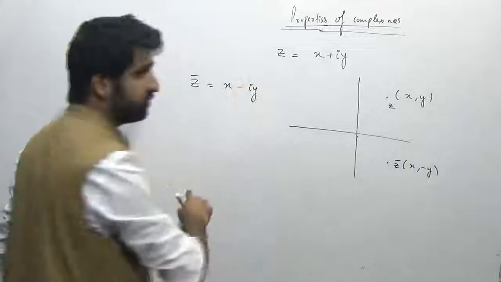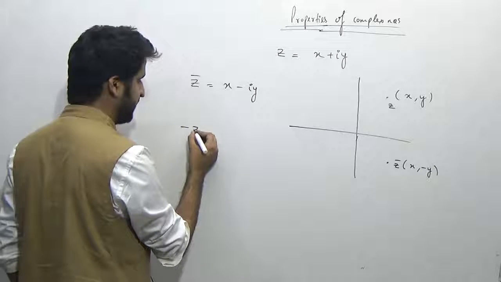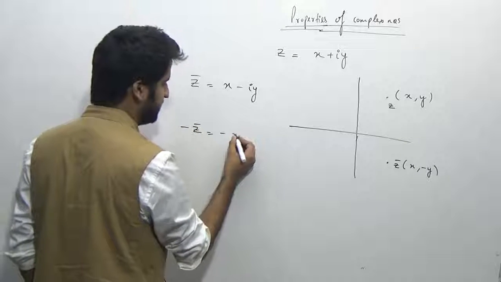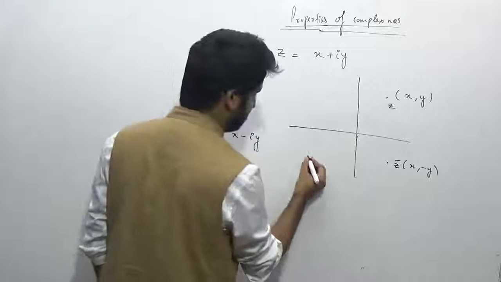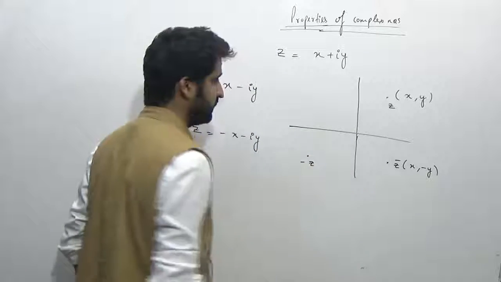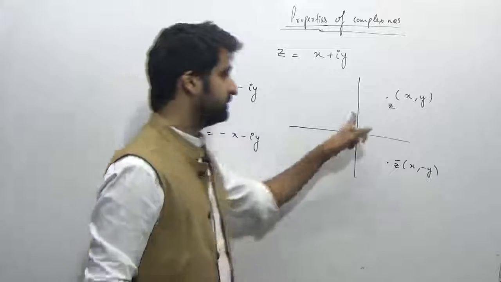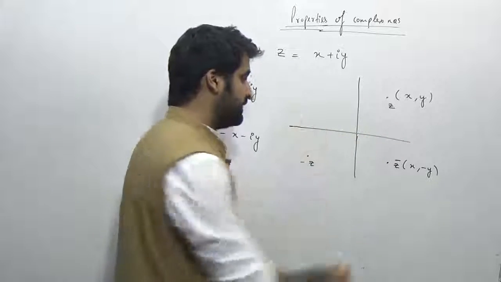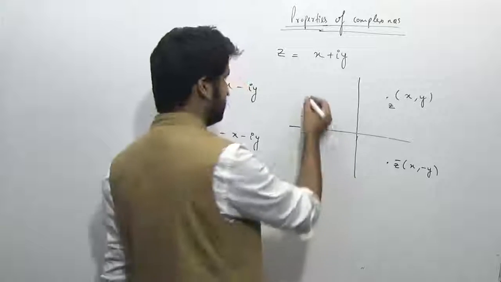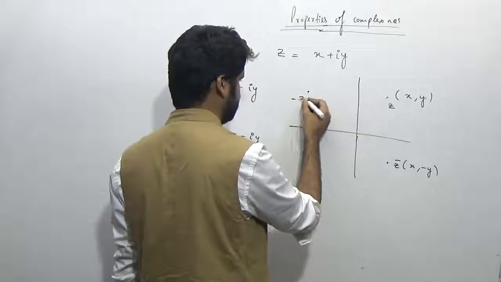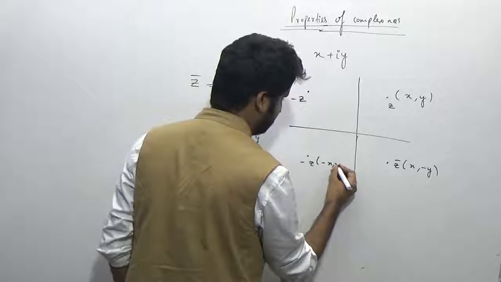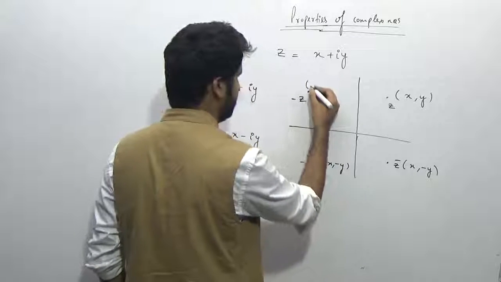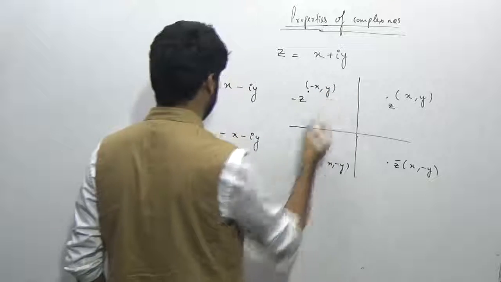If I see the negative of the complex number, which is minus z, this will be nothing but minus x minus y, so the point will come over here. And the minus of conjugate of z will come over here. So this point will be minus x minus y, and this point will be minus x comma plus y.